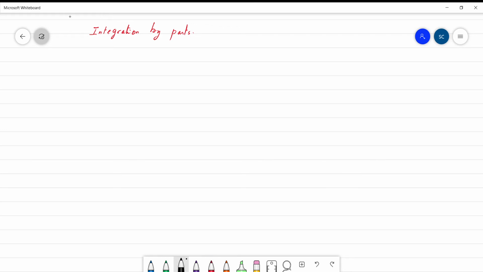Let's start by recalling the differentiation of the product of two functions. We established that the derivative of the product f(x) g(x) is f(x) g'(x) plus f'(x) g(x).